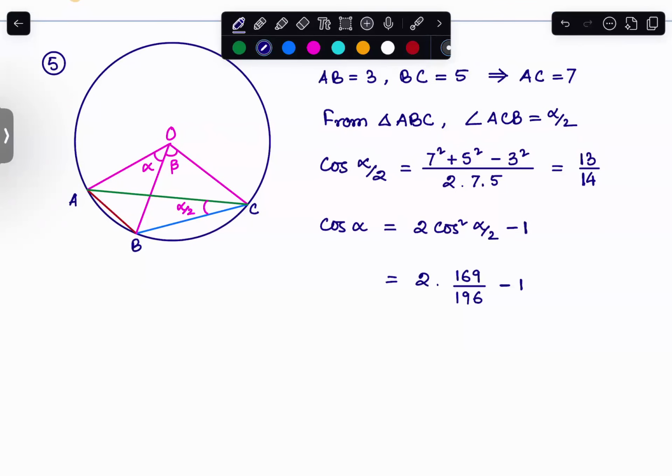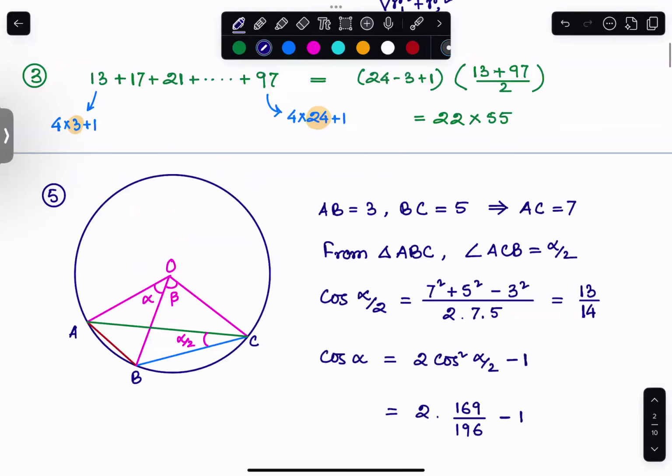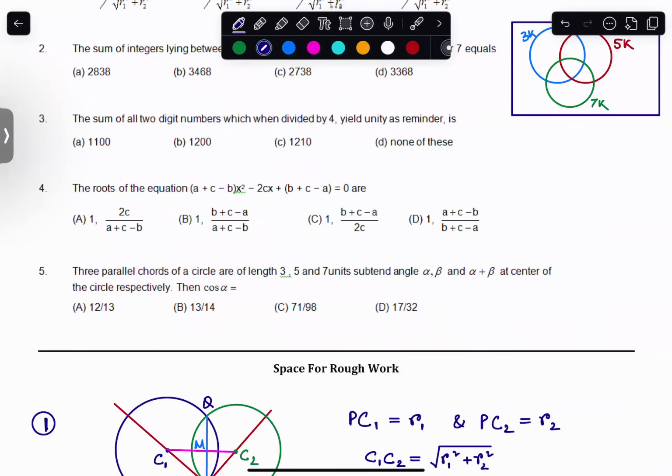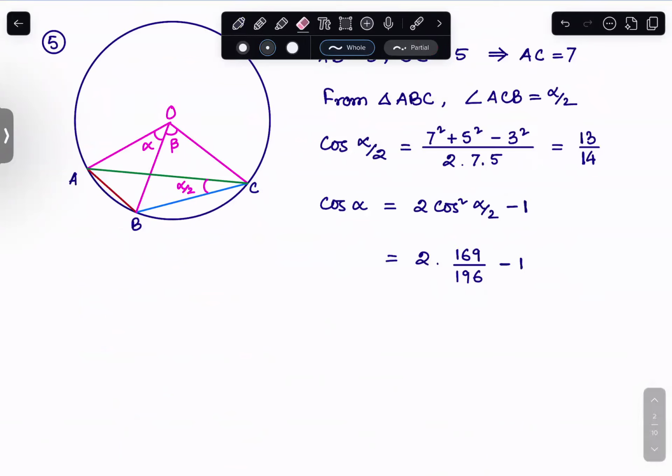Is it okay? Yes, sir. Have a look once more, the question requirement was cos alpha, yes. So accordingly what we are reduced to is 169 by 98. That leads to 71 by 98.